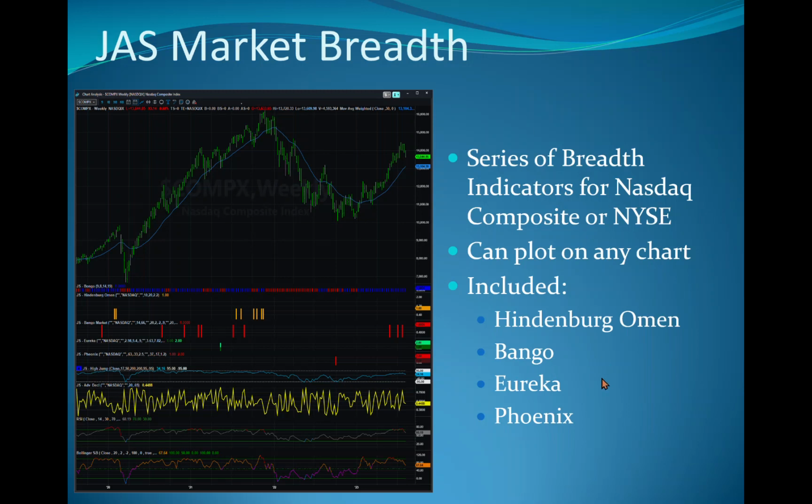And then the Eureka and Phoenix are things that Ian created that give you a sense of breadth, exuberance, and when they fire, they give you a signal, the Eureka of the market turning around. It's maybe time to buy. The red, the market at risk. And the interesting thing is, if the market's already had a big run and you start getting the green Eurekas, it's probably rational exuberance to the upside.